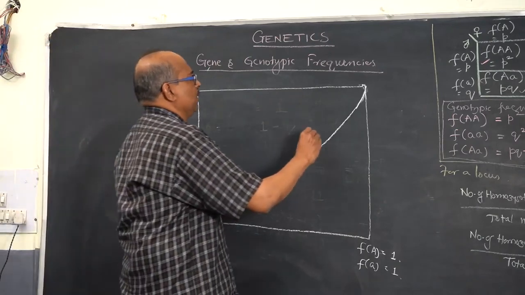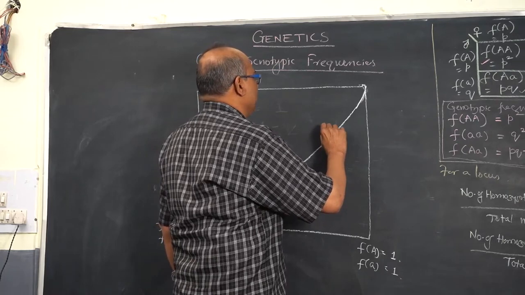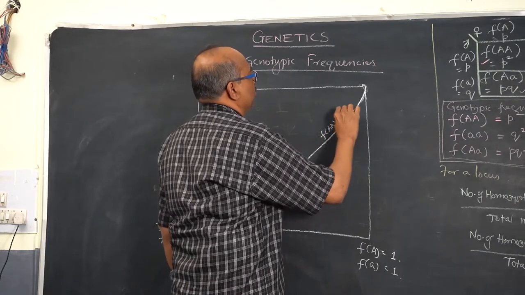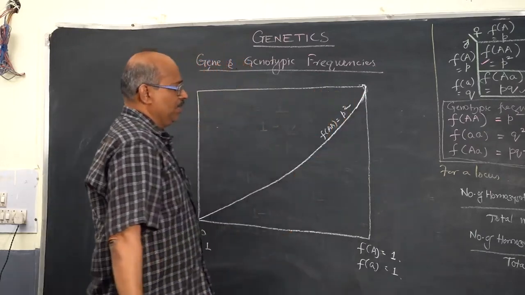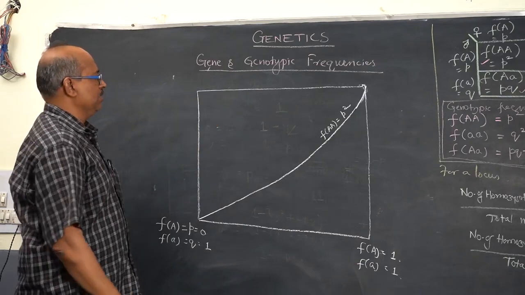So this is actually the genotypic frequency. You can write frequency of capital A equals P square. So P square gradually increasing and becoming 100%.